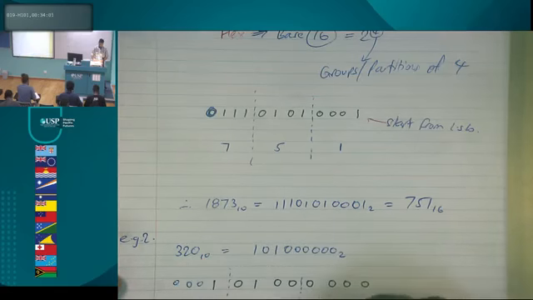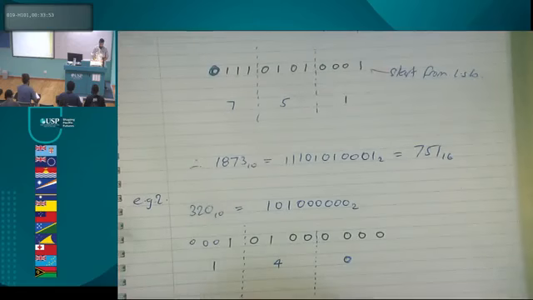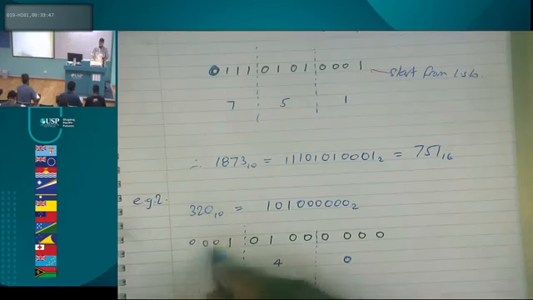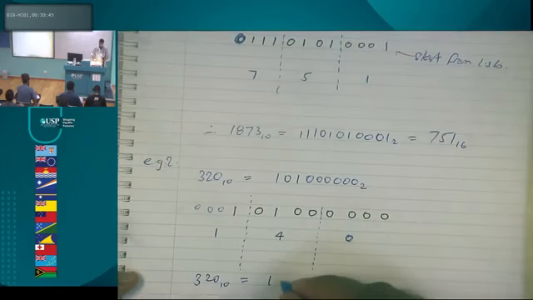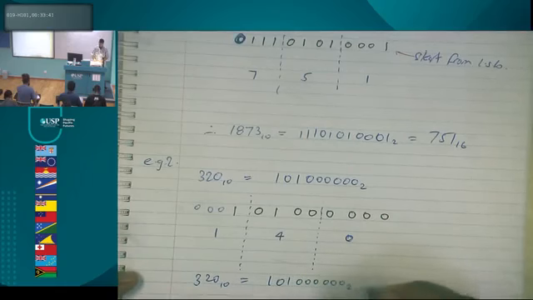All right, so we have 0, we have 4, we have 1, right? So we have 320 base 10 is equal to 101 followed by 6 zeros, base 2, which is the same as 140 base 16.